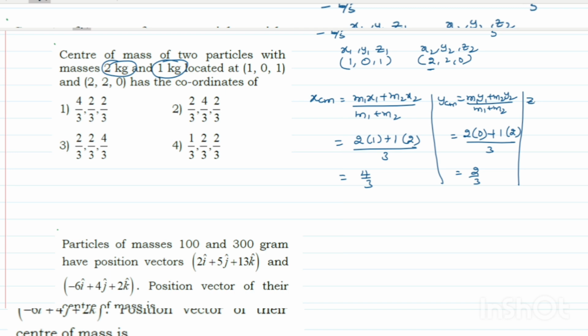And for zcm, m1 z1 plus m2 z2 by m1 plus m2, which is 2 into 1 plus 1 into 0 by 3, so we get 2 by 3. So the coordinates will be 4 by 3, 2 by 3 and 2 by 3. This is the correct answer.